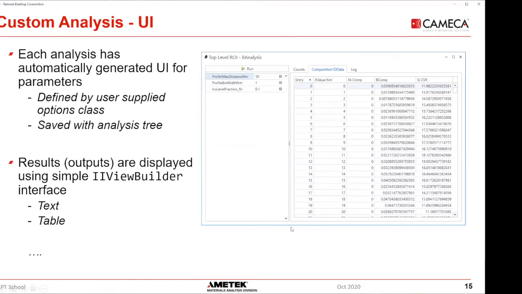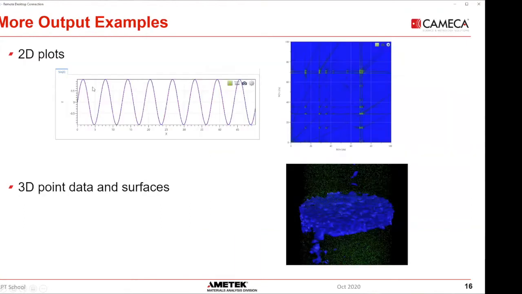You can have tabular data like I'm showing here. Also, you can create two-dimensional plots. There are some examples here. This is obviously a line series. And then here is a heat map, a 2D plot with a third dimension. In this case, it's a SAXS plot, and I'll show you that live as well.